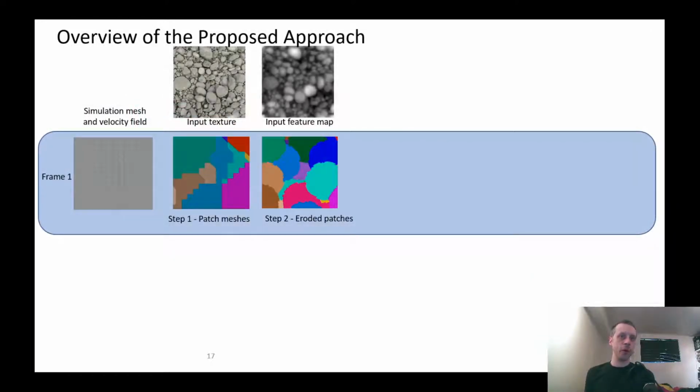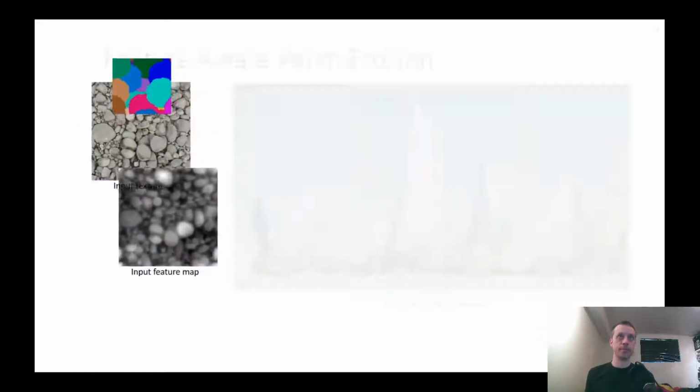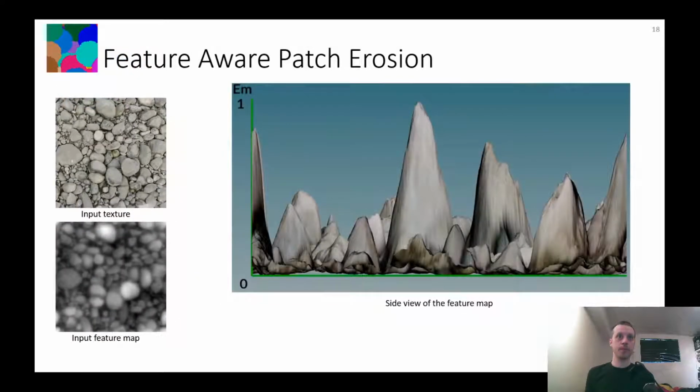When we have our set of patches, we can compute the feature-aware patch erosion. The patch erosion is done with the help of the feature map. The goal is to be able to erode a patch according to the feature of the texture sample. Here's a side view of the feature map, where we have values that go from 0 to 1.